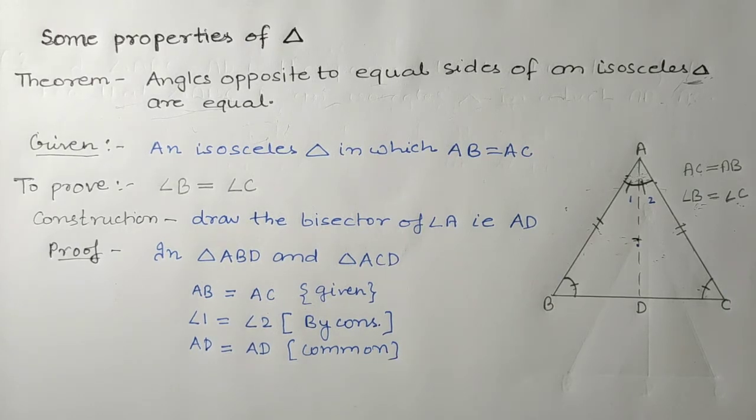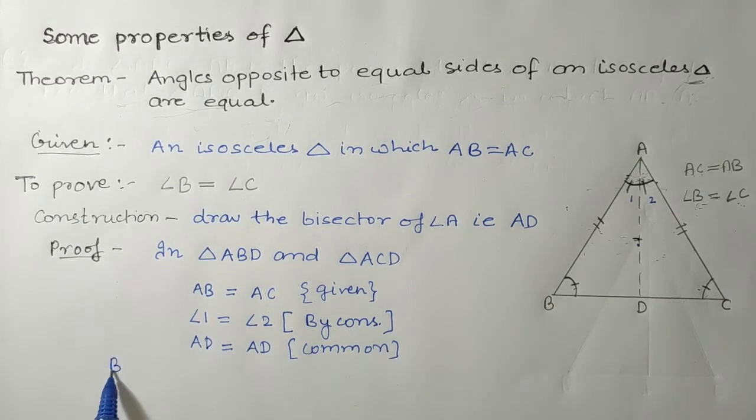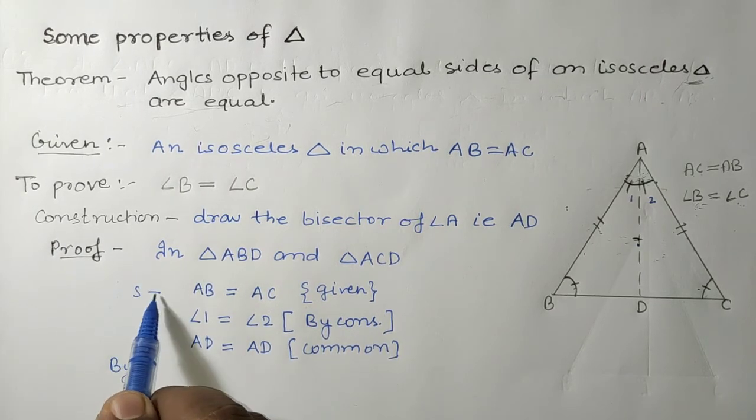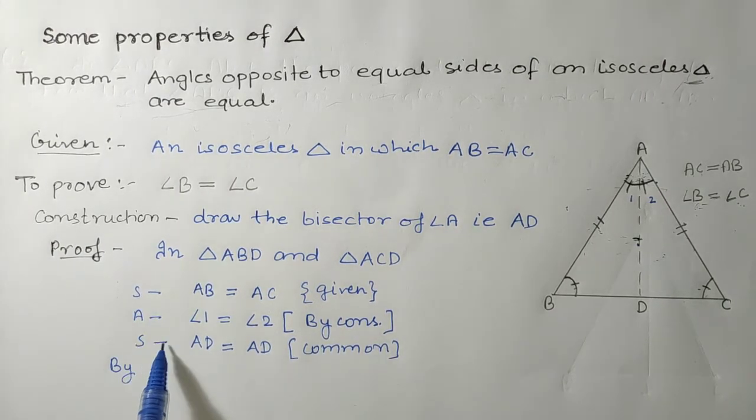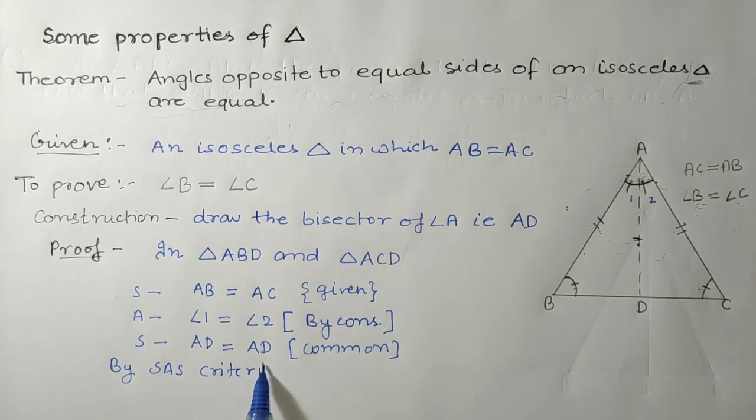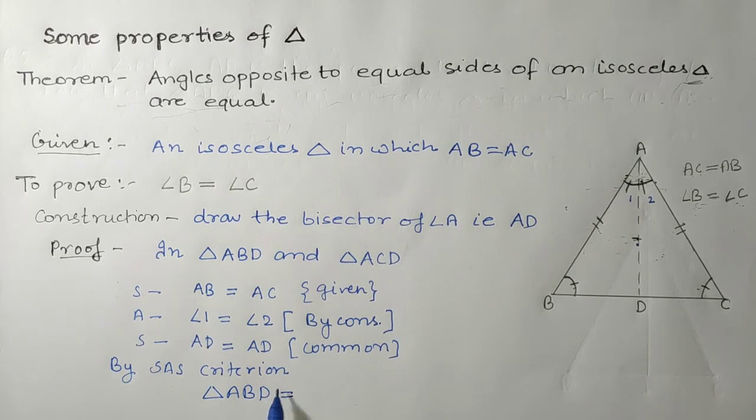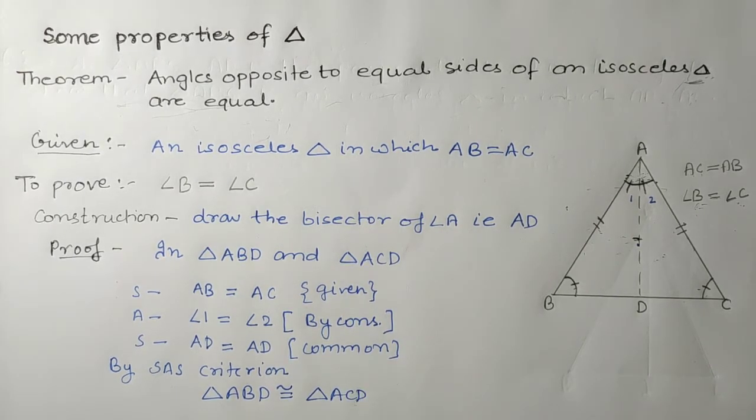So by the criteria side angle side, triangle ABD is congruent to triangle ACD.